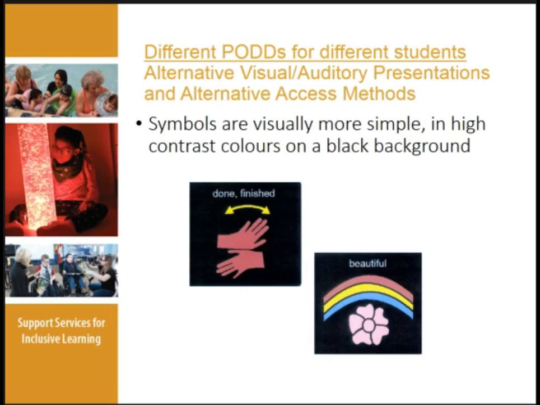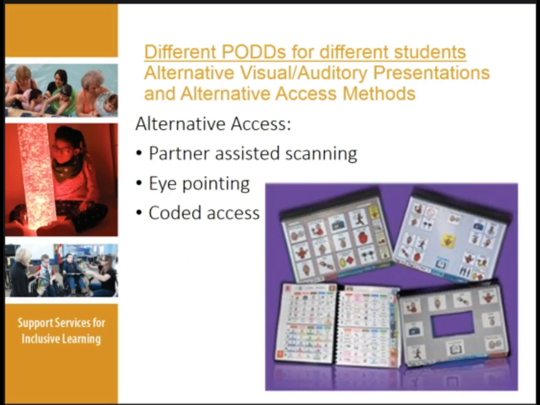For students who also have visual and/or auditory needs, PODDs with high contrast picture communication symbols are available. And for students with physical challenges that do not allow direct access by pointing, a few alternative access PODDs are available.